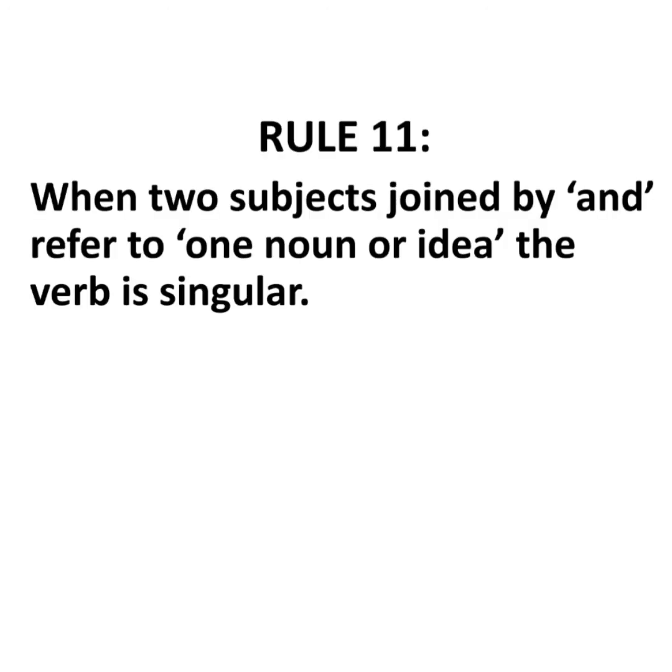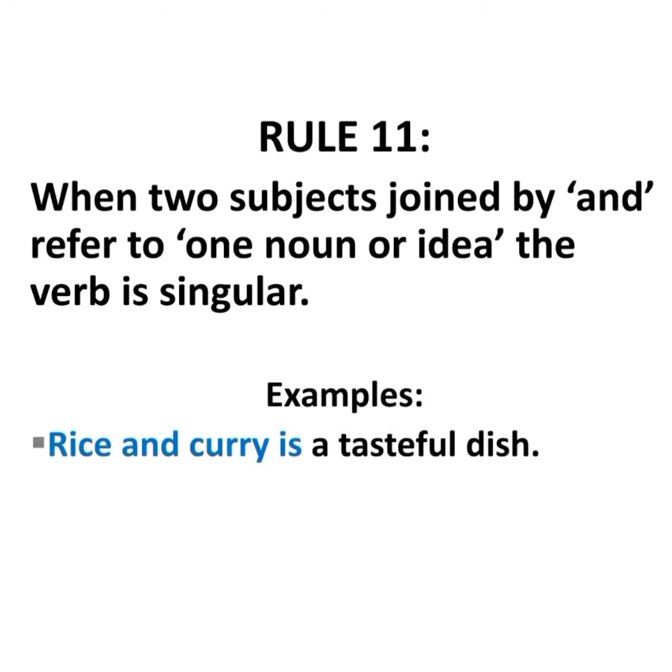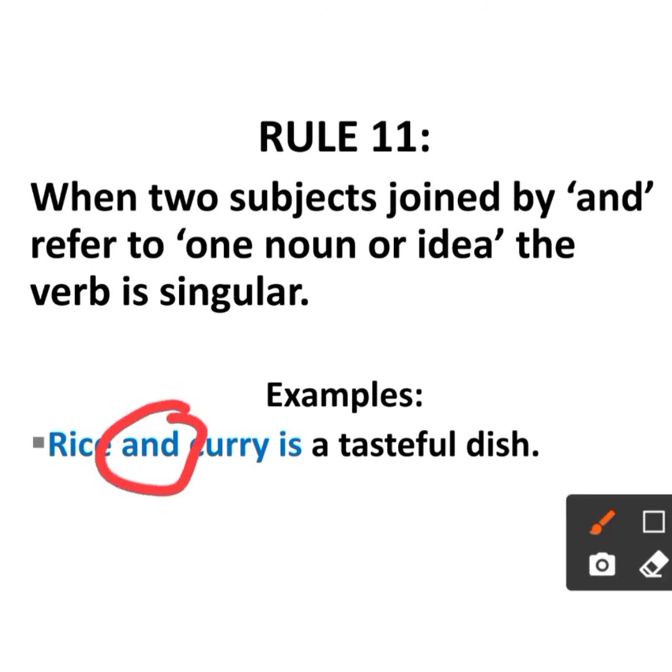Rule number 11. When two subjects joined by and refer to one noun or idea, the verb is singular. What does this mean? When you have two subjects, like here rice, curry, they are joined with and, so you must have singular verb.